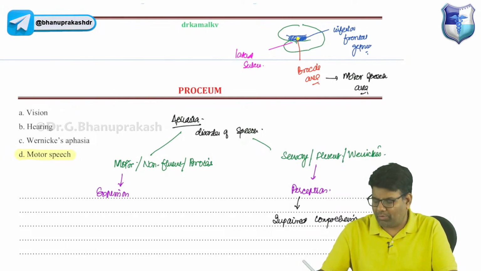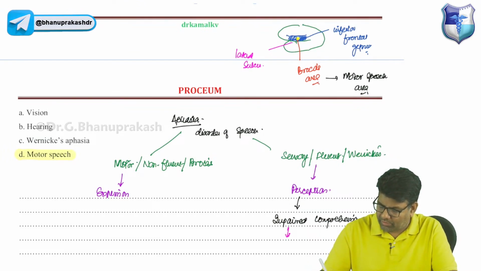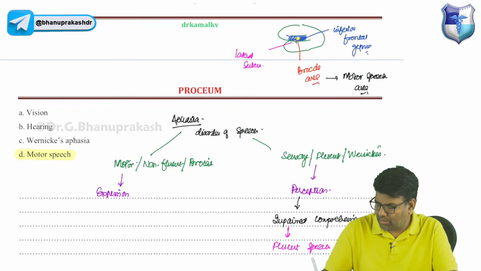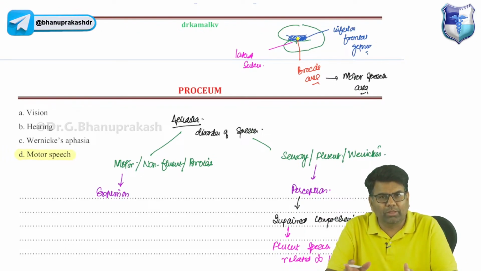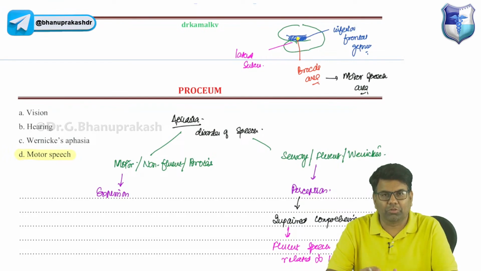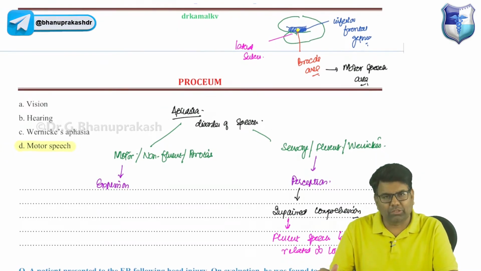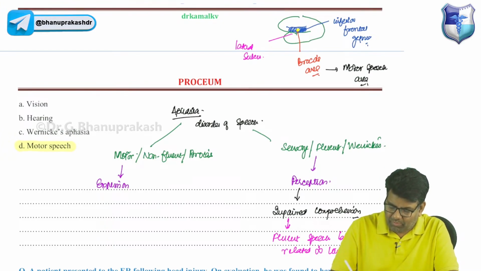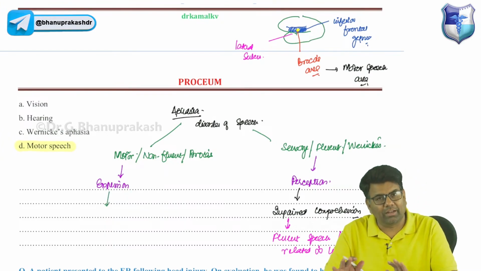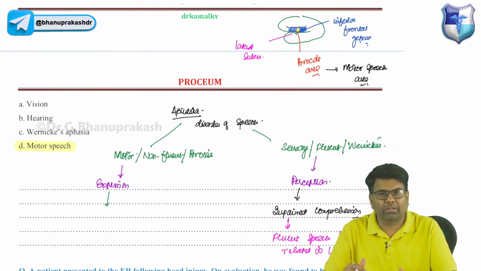The patient will not understand what is being asked, but whatever he says, the speech will be fluent but not related to the question. Clear? So the patient will speak very smoothly, but it won't be related at all to the question, because the area concerned with the understanding of the question is damaged. So speech is fluent but no way related. In cases of motor aphasia, the patient will understand the question nicely, but he will not be able to reply in fluent speech.